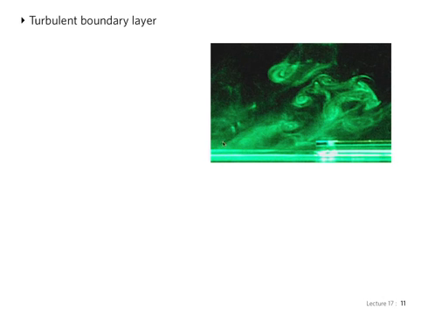This one is just an actual experiment where they use fluorescent dye and a laser sheet to be able to image instantaneous streak lines, and basically you're seeing that instantaneous picture of a turbulent boundary layer where you have the plate at the bottom, and basically you have all sorts of different eddies, big and small, that are created by all the turbulence, right? And so these eddies actually mean that there is increased momentum transport.